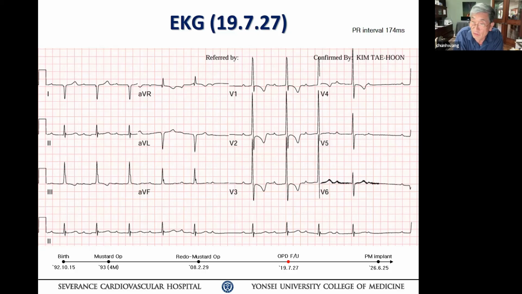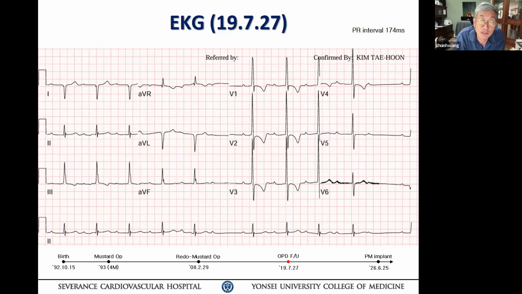Especially when you have transposition, your AV conduction axis is already abnormal to start. And when the surgeon operates and puts a bunch of stitches around the septum and the baffle, you're going to develop heart block sooner or later. You don't want a patient to have sudden death due to heart block. So pacemaker indication is absolute in this patient.